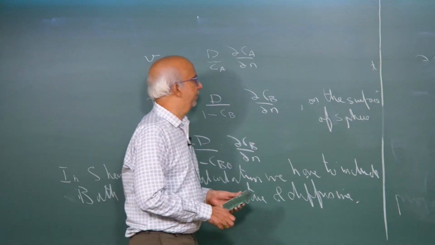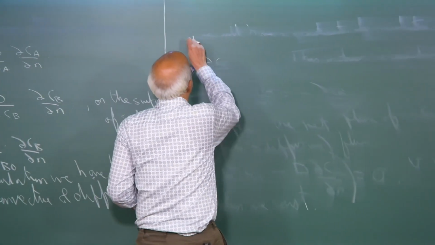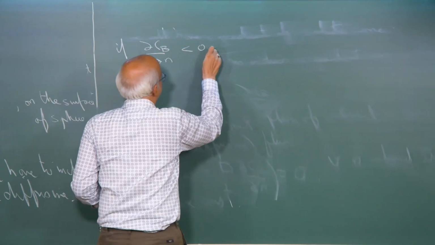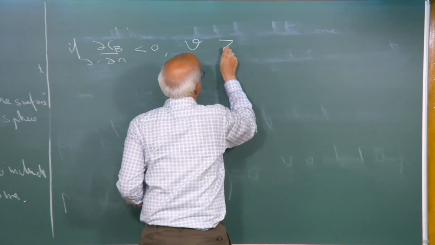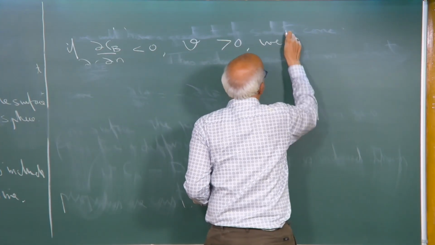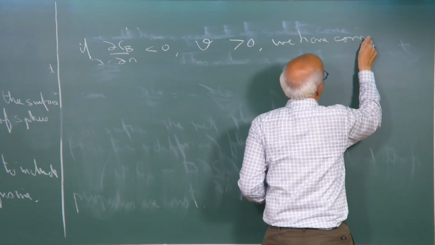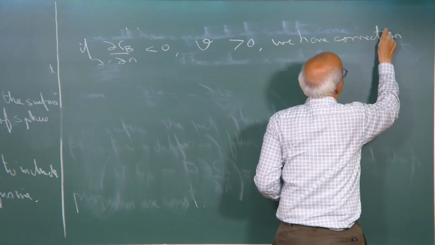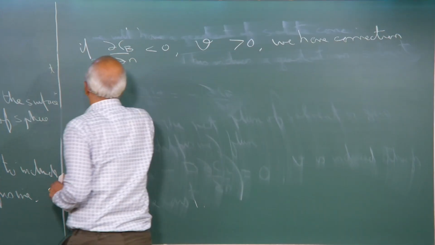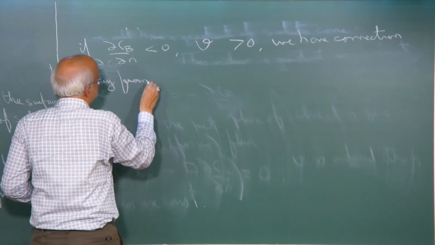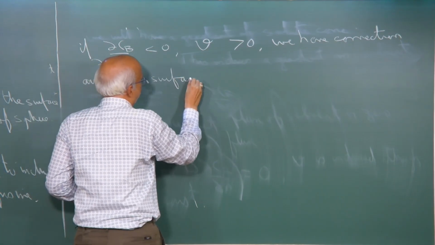That is, if dCb by dN is less than 0, the velocity is positive. We have convection away from the surface. Okay.